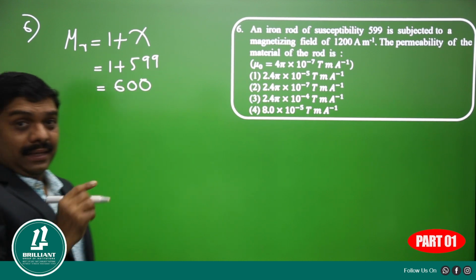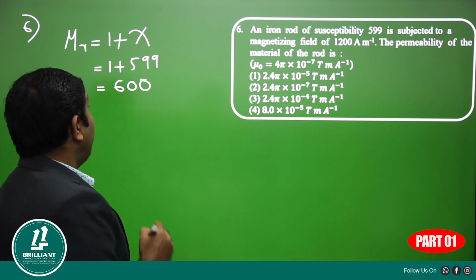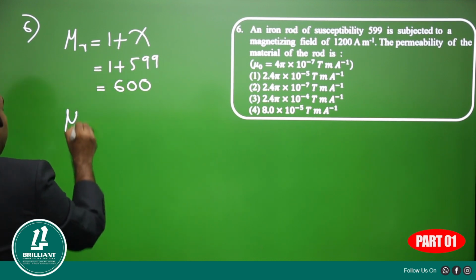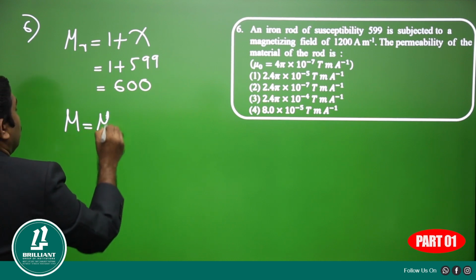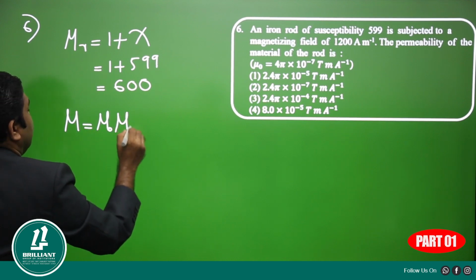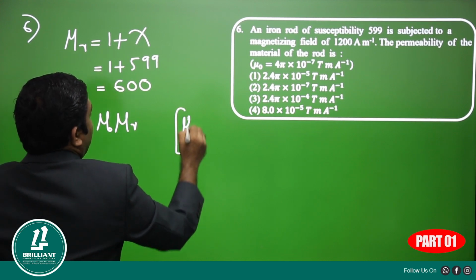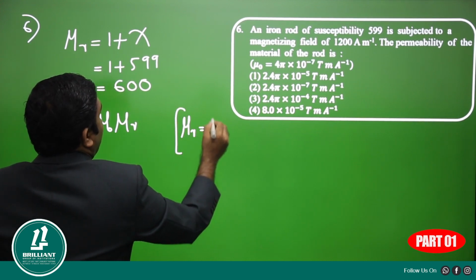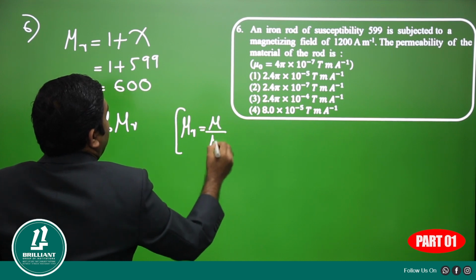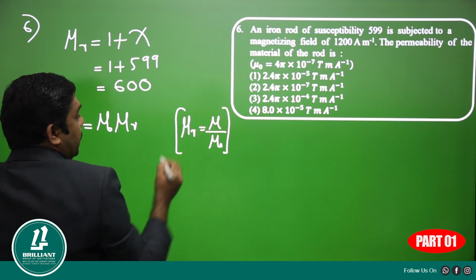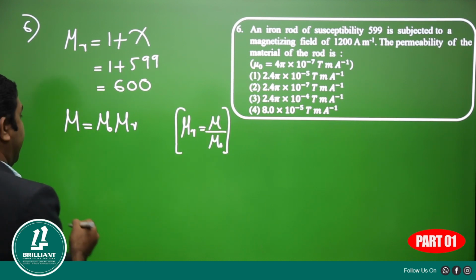Mu r is 600. If we have mu r, we can find mu. What's the formula? Mu is equal to mu naught mu r. You can recall the formula mu r is equal to mu by mu 0, permeability of the medium by permeability of free space.